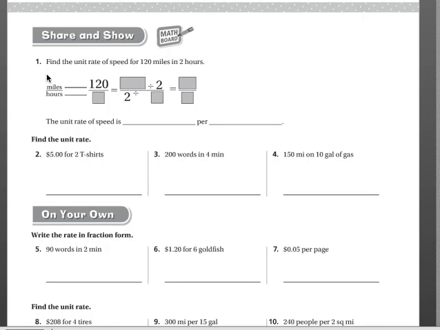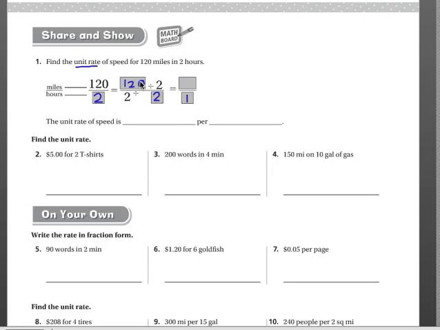It says find the unit rate for speed, which is 120 miles in 2 hours. So I'm trying to find the unit rate. How many miles would be for 1 hour? If I do 120 miles for 2 hours, that means I need to find out how many miles I would go in 1 hour. So I'm going to take my rate and divide it so that I get 1 on the bottom, because that will be my unit rate. I know that I can divide 2 by 2, and that's going to give me 1.